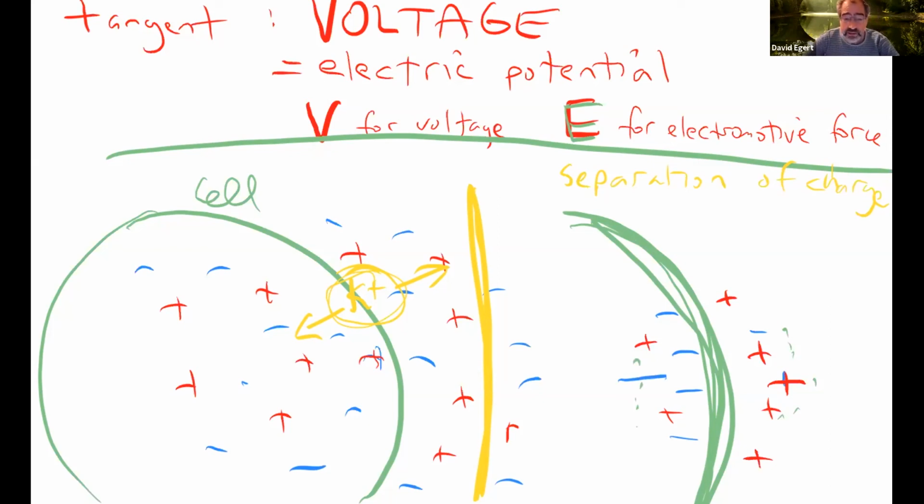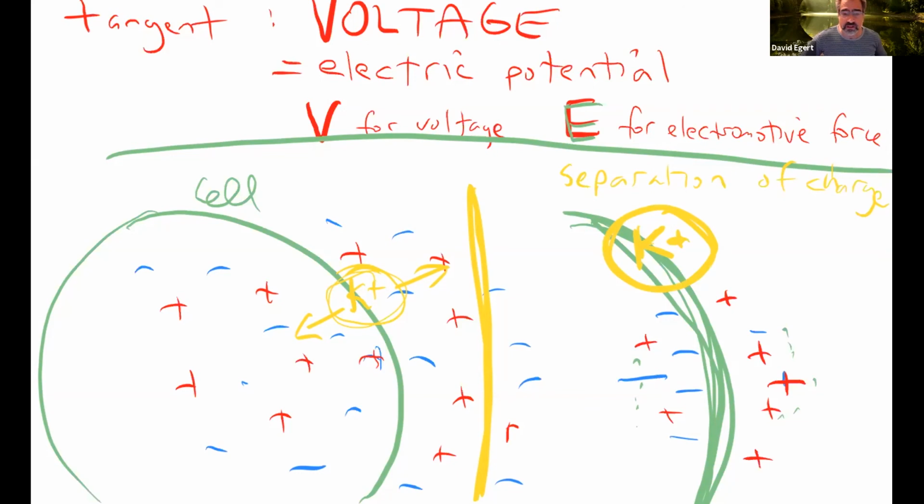And again, it could happen if you're pumping things. It can actually happen through diffusion. We're going to look at different things that cause this separation of charge. But this now is going to create an electric field. If I take my potassium again here, and I ask it, which way does it want to go?